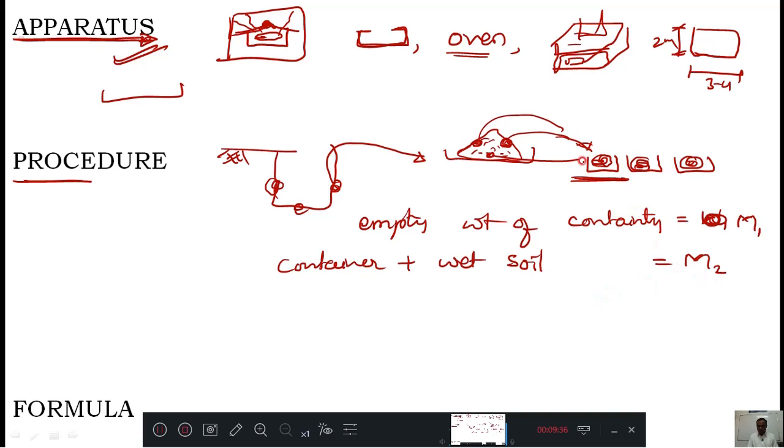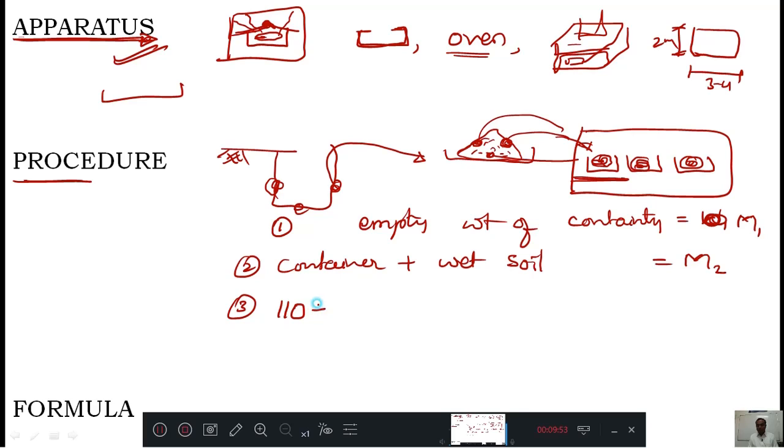And these three containers I will put in the oven, the thermostatic oven. There I need to maintain some standard temperature: 110 degree plus or minus 5 degree centigrade. This much only we need to maintain. Sir, why this much?